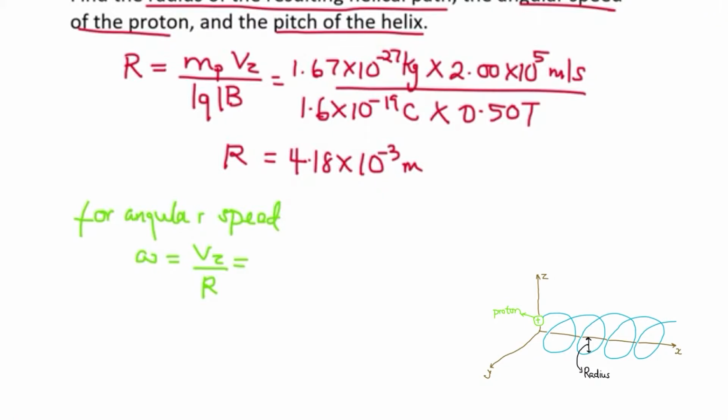We can also use the relationship that it is equal to the charge multiplied by the magnetic field strength divided by the mass of the proton.